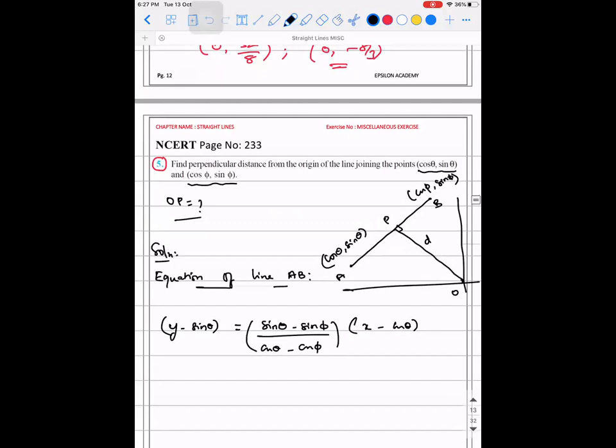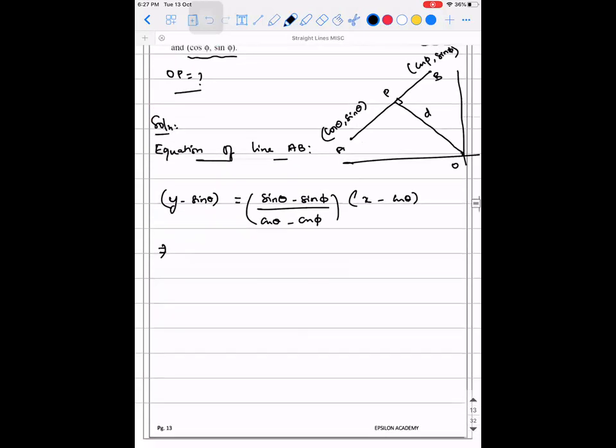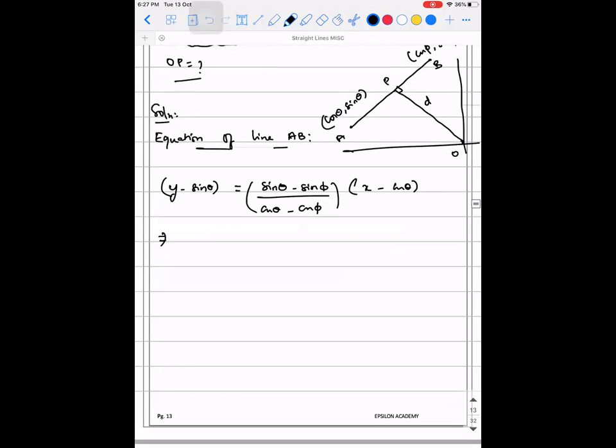Right? So let's solve this. What do you get? You will get y cos theta minus y cos phi minus sin theta cos theta plus sin theta cos phi is equal to, multiply these terms, x sin theta minus x sin phi minus sin theta cos theta plus sin phi cos theta.